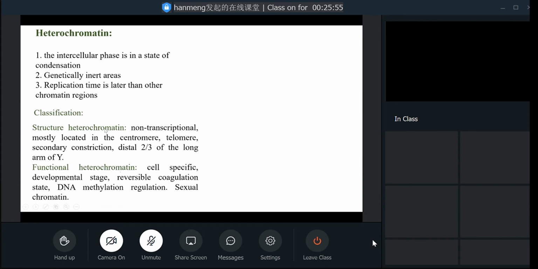The structural heterochromatin is non-transcriptional, mostly located in the centromere, telomere, secondary constriction, and the distal two-thirds of the long arm of the Y chromosome. So we can see the structural heterochromatin is located in the centromere, telomere, and secondary constriction.